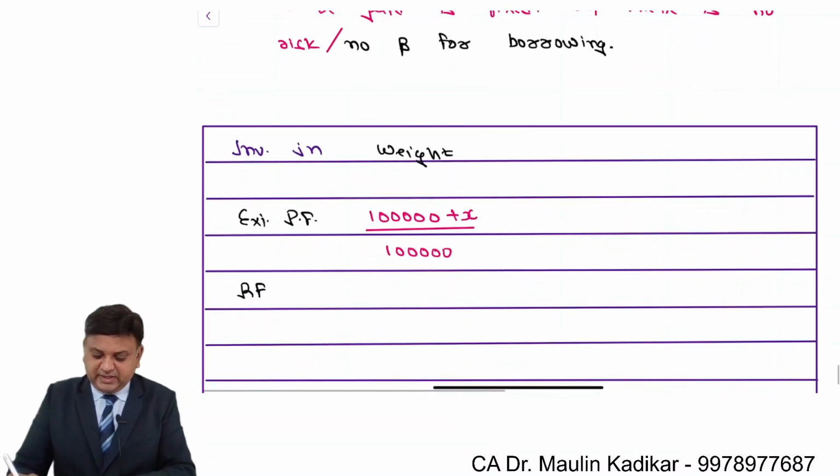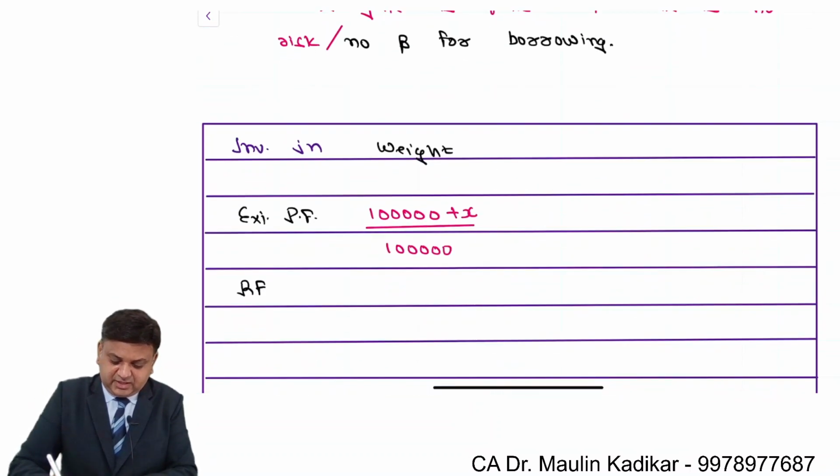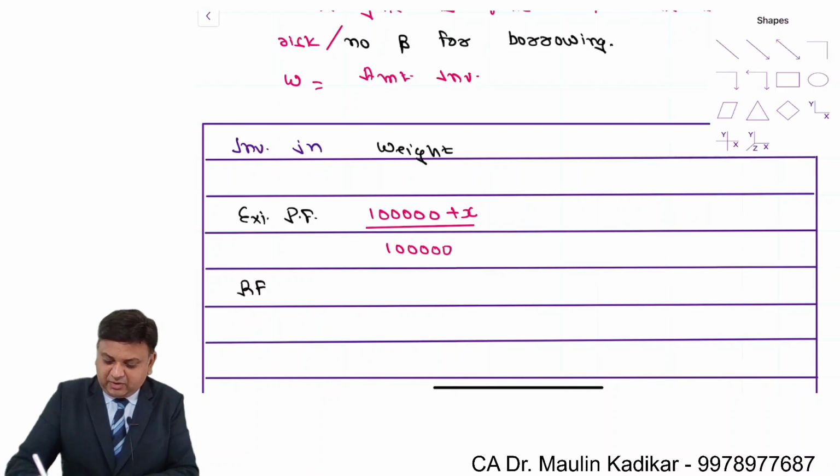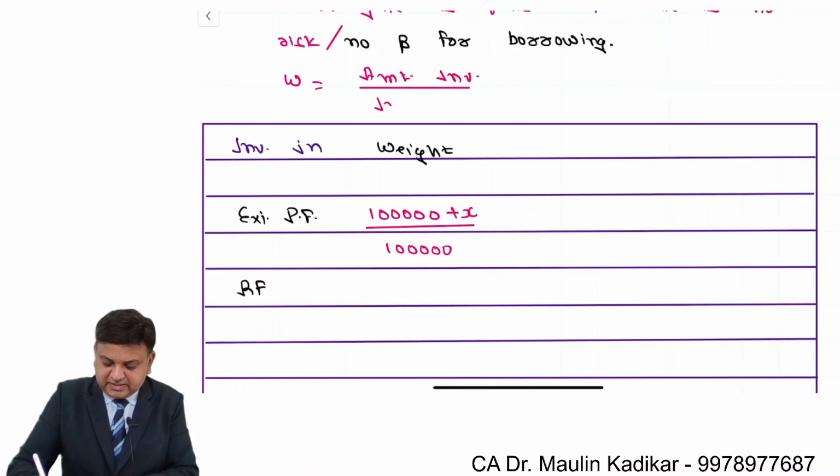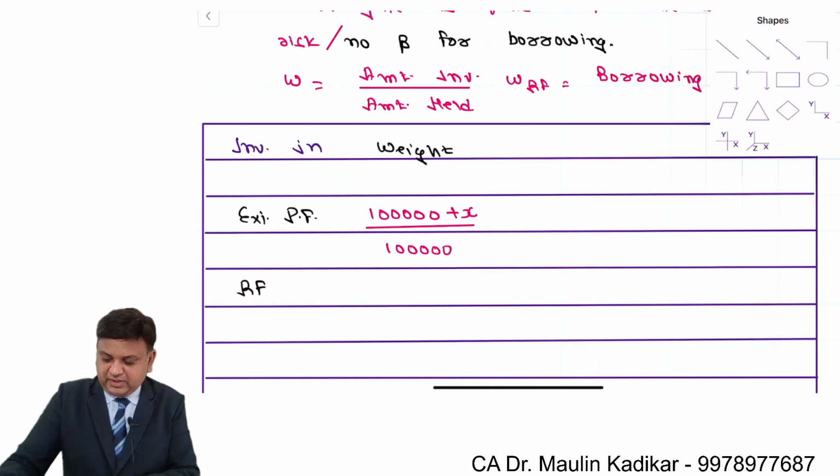I hope that you recall the formula that we had understood. Weight is calculated as amount of investment divided by amount held. As far as the weight of RF is concerned, it is borrowing divided by amount held.